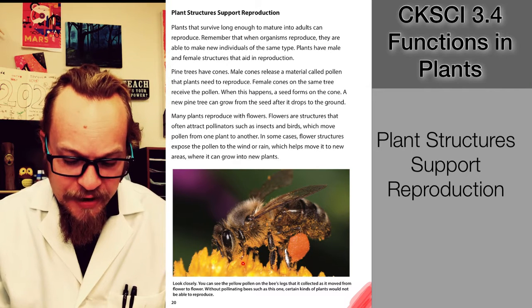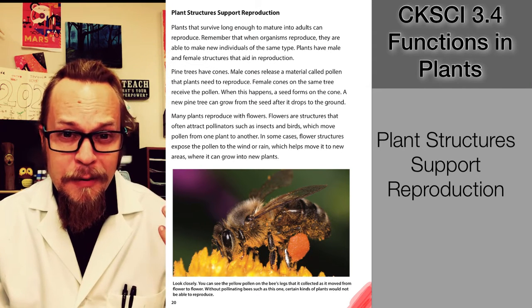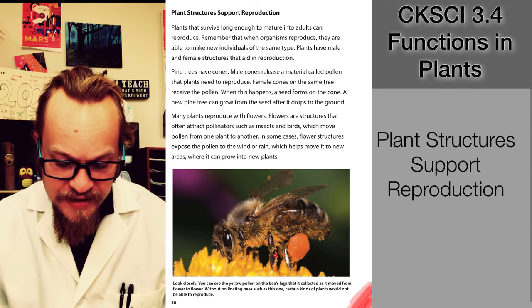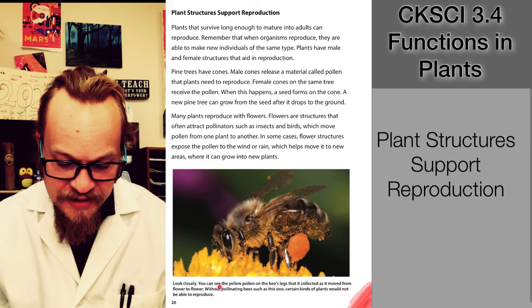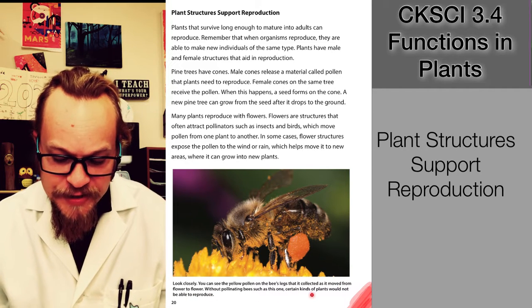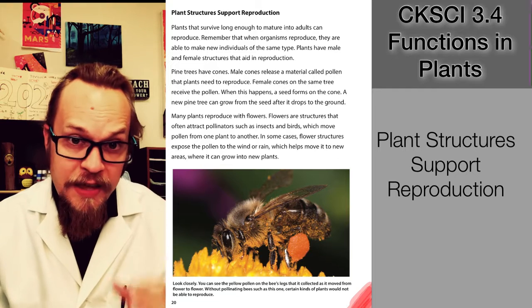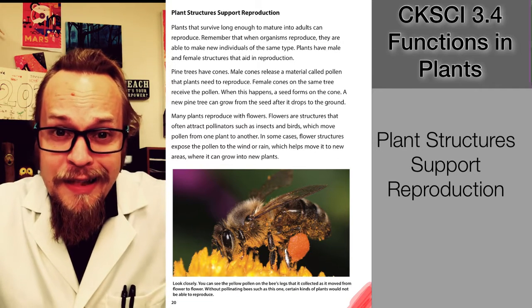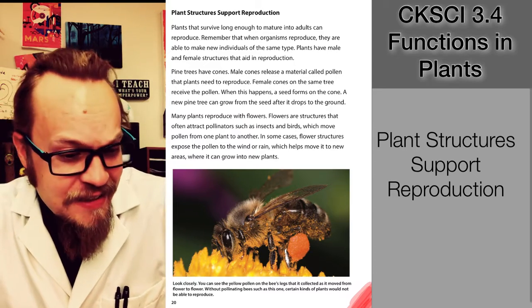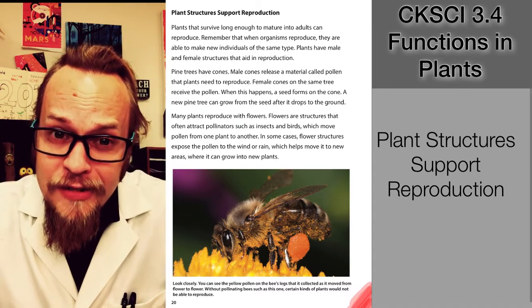Here's a pollinator pollinating a plant. Look closely, we can see the yellow pollen on the bee's legs that is collected as it moved from flower to flower. Without pollinating bees, such as this one, certain kinds of plants would not be able to reproduce. A lot of plants would not be able to reproduce without bees, but that is a story for another time.